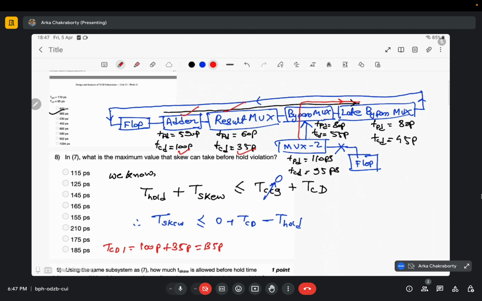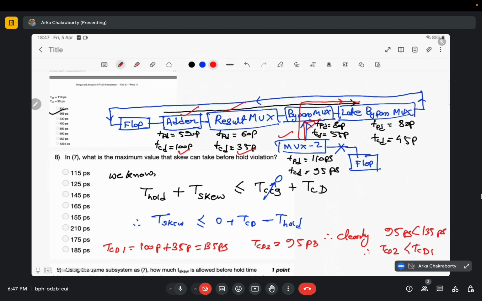And this path would provide a contamination delay of only this mux. So the contamination delay of path 2 would be 95 pico. Therefore clearly 95 pico is less than 135 pico second. Therefore TCD2 is less than TCD1.